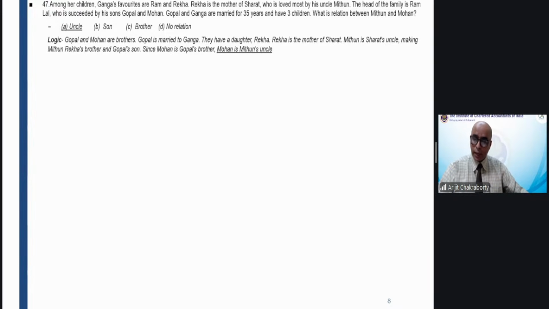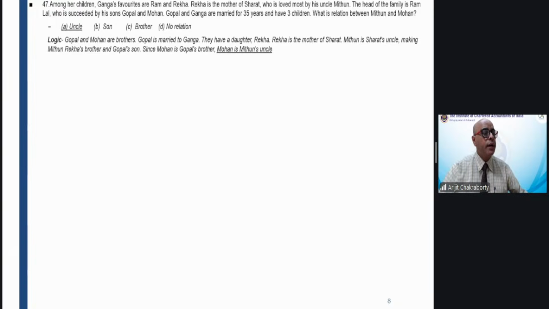And we saw that Rekha has a son, and his name is Sharat. Question है मोहन और मिठुन का रिलेशन क्या है? So if you see the logic we have given here, Gopal and Mohan are brothers. I hope it is clear. Gopal is married to Ganga, 35 years. Yes, we have seen that. And they have a daughter, Rekha. Yes, they also have a son, Ram. Plus, Rekha is the mother of Sharat, that is established. Mithun is Sharat's uncle. Yani, Mithun Rekha ka bhai hai.